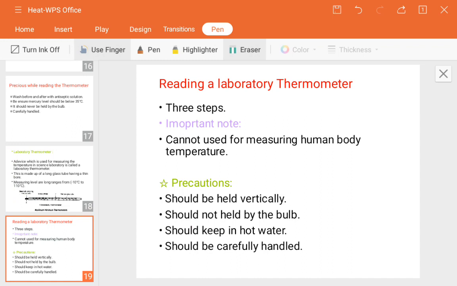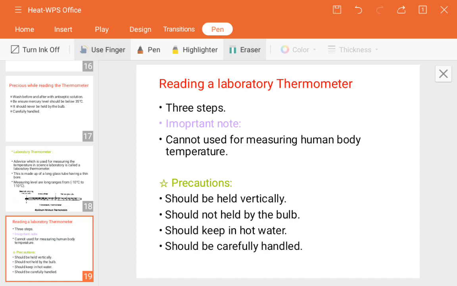So this is about the thermometer which is used for laboratory and clinical purposes. Nowadays, instead of using these, the digital thermometer has come into the market. Most common thermometers are mercury thermometers, which use liquid mercury for their working.